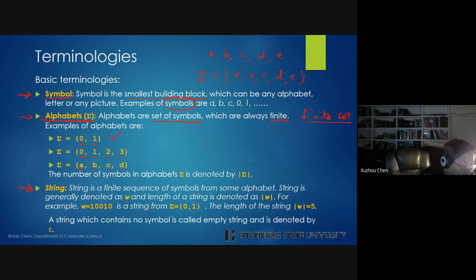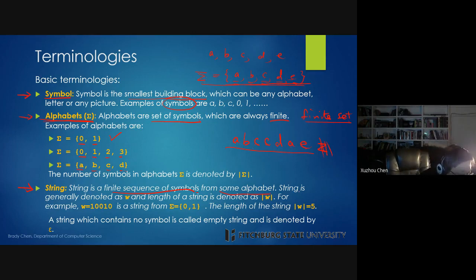So a string is a finite sequence of symbols from some alphabet. If we define the alphabet like this, you can use these symbols to define a string, like A, B, C, C, D, A, E. That's a string. Make sure that each symbol is defined in the alphabet. You cannot use a Z because Z is not included in the alphabet.